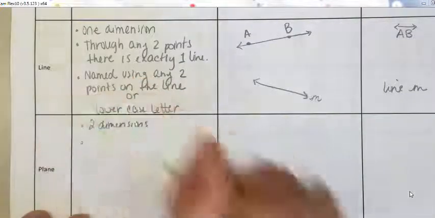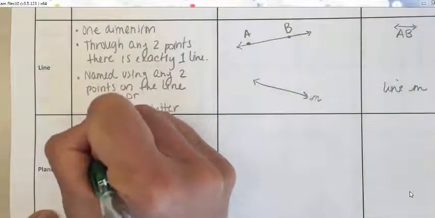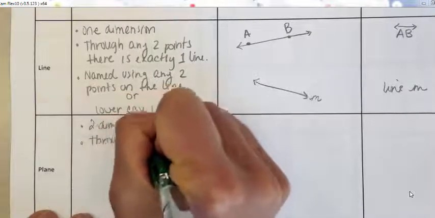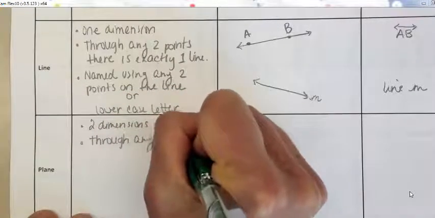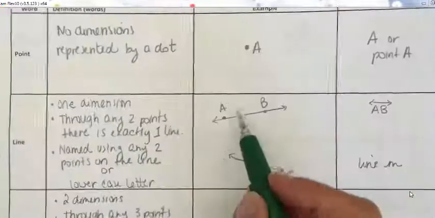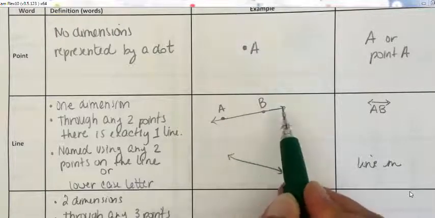Now, we can define a plane using 3 points. So, through any 3 points not on the same line though, because if I just had 3 points on the same line, that's just one dimension, that's just length.